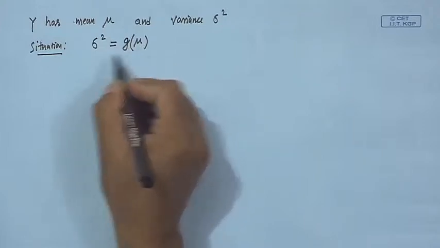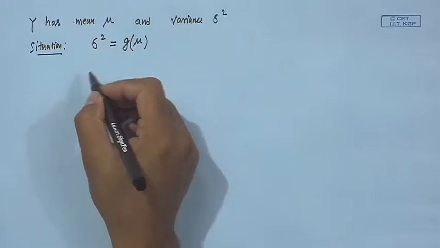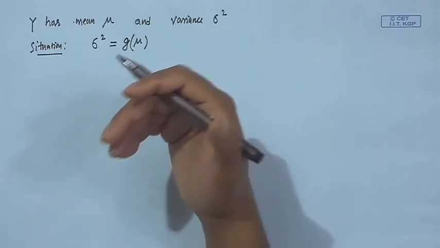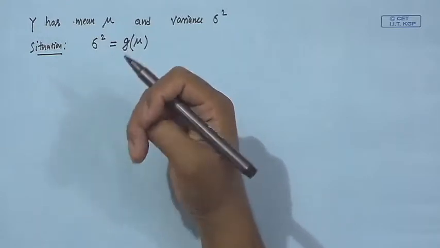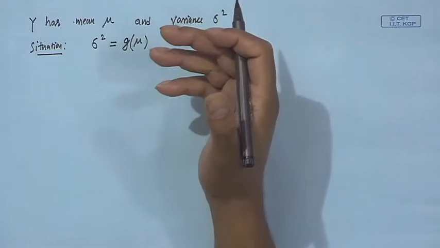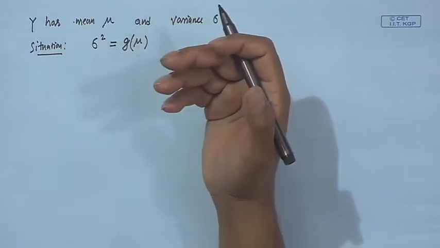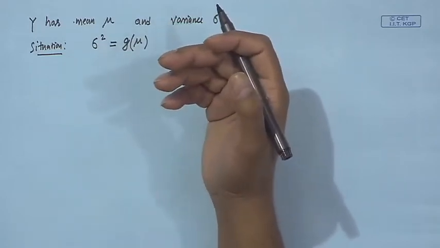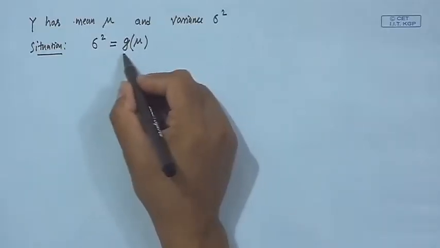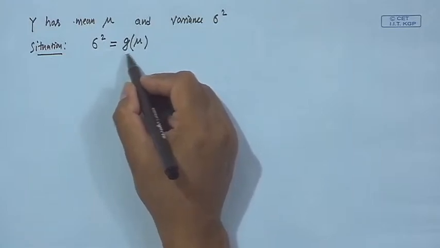So, that means variance of the response variable y is not constant, it depends on the mean. And in case of Poisson distribution, the variance was equal to mean, so in that case this g is the identity function.